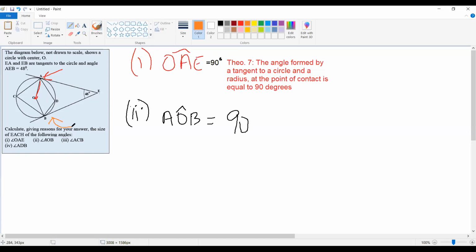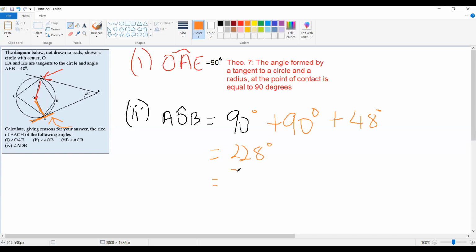Over here, because remember, B will be the same thing, since it's also touching a tangent here, and the line is coming out from our next radius here. So that's 90 degrees, plus the new 90 degrees that we found, plus the 48 degrees, which is how much? 90 and 90 is 180, and 180 plus 48 is 228 degrees, right?